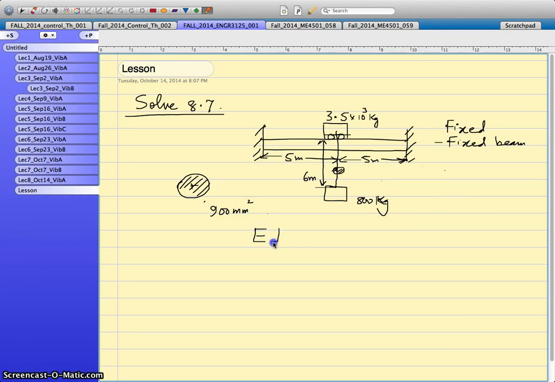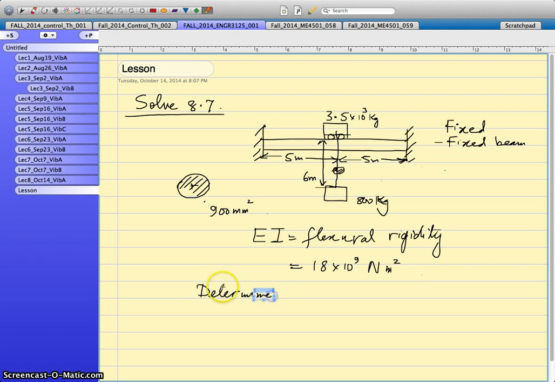EI is known as the flexural rigidity, where that is equal to 18 into 10 raised to power 9 Newton meter square. Use a model of a system with 2 degrees of freedom to determine two natural frequencies, omega n1 and omega n2.